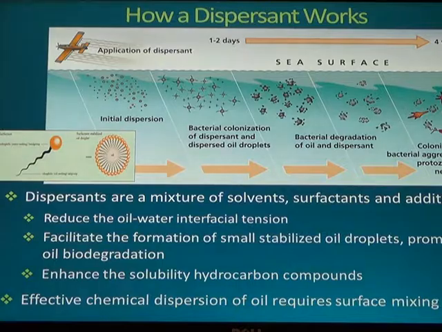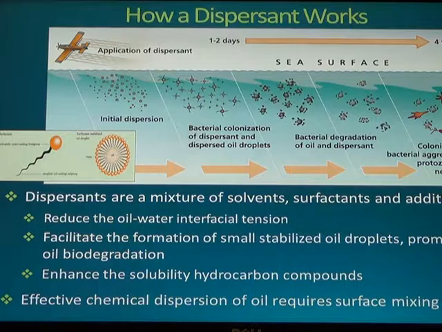So they're designed to mix with the oil, break it into small droplets, and keep them in small droplets, which then become stable in the water column and don't come back together and reform as a slick. And Rick will talk a little bit about that slick reformation later in his talk.